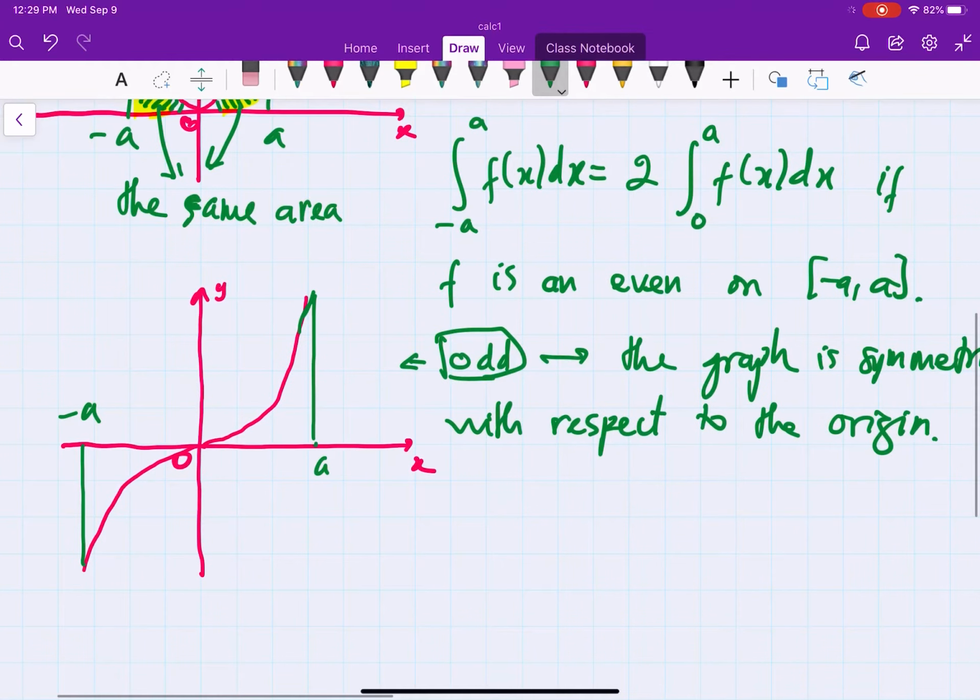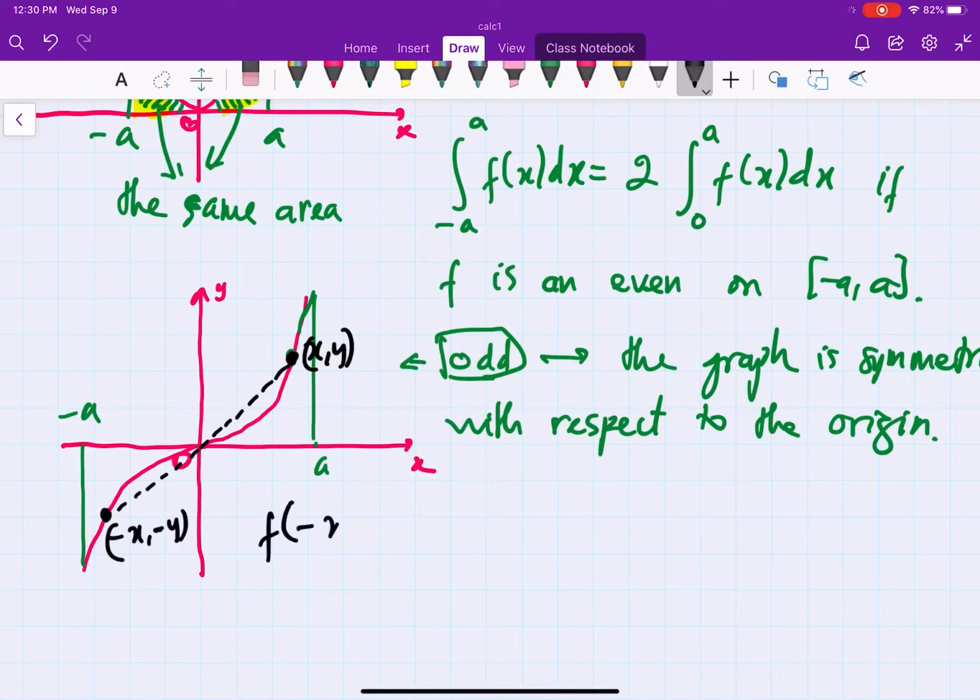Because if you have some point x, y here, and you change to negative x, you have negative y. So that means you should have negative x and negative y here, and both points belong to the graph of the function. So they are symmetric with respect to the origin because f of negative x equals negative f of x.